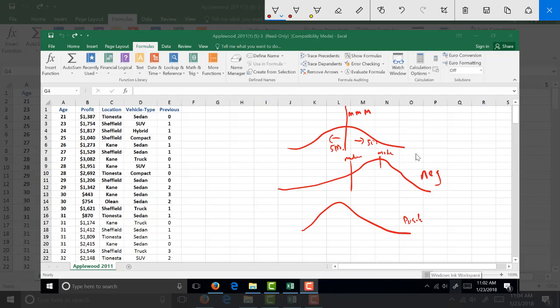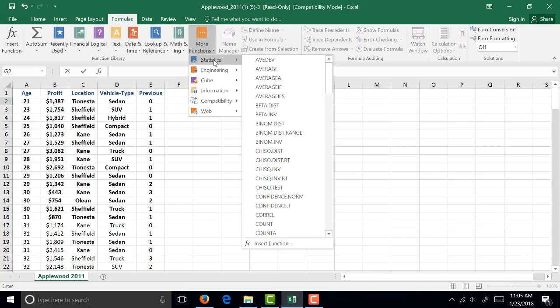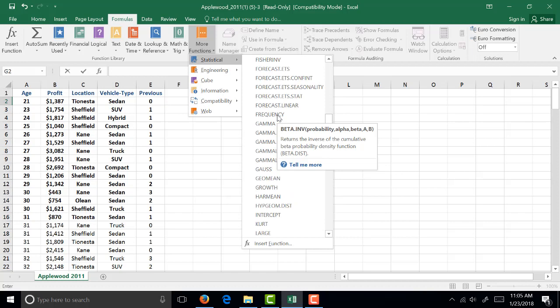So I'm going to close this up. You have a couple of different measurements of skewedness that you discuss. We're just going to use the computer version, which is the more precise, accurate version. I'm going to show you a couple of different ways of doing this. I'll go to statistical, and I'm going to go to skewedness.